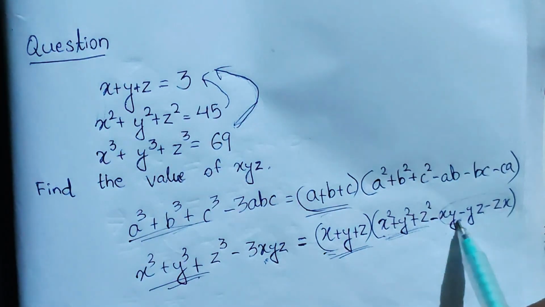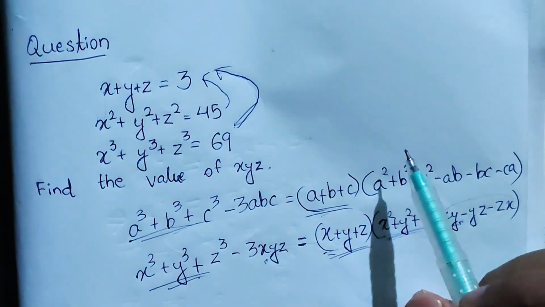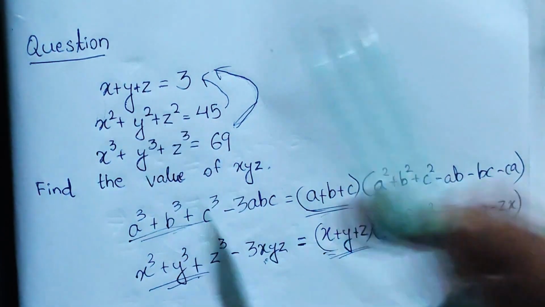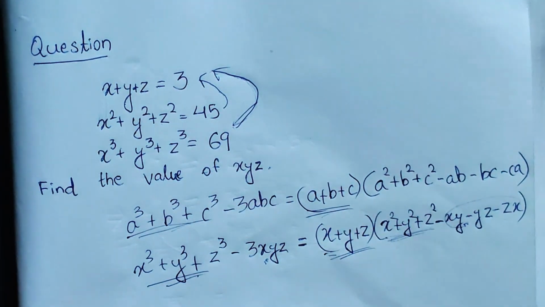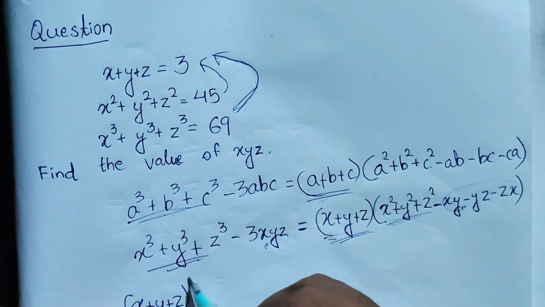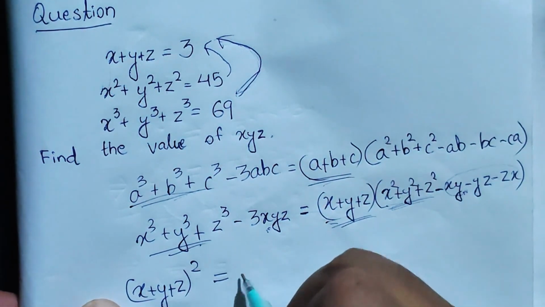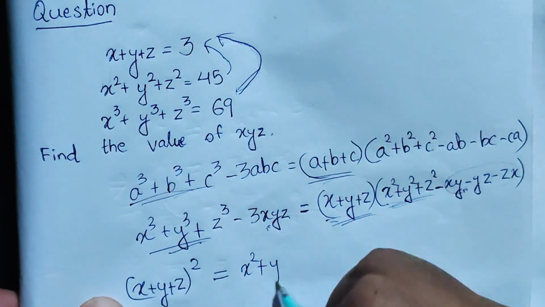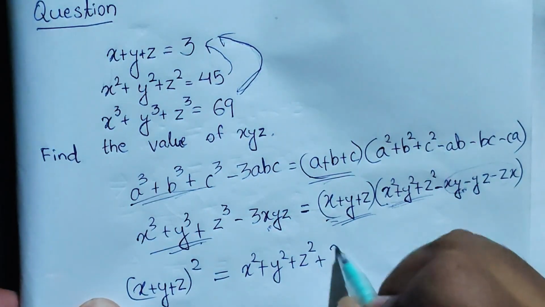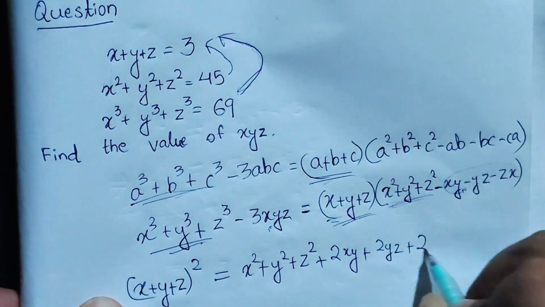So to get this value, we can use an algebraic identity that tells us the relation between the squares and the base terms. So we know that x plus y plus z whole square equals x square plus y square plus z square plus 2xy plus 2yz plus 2zx.